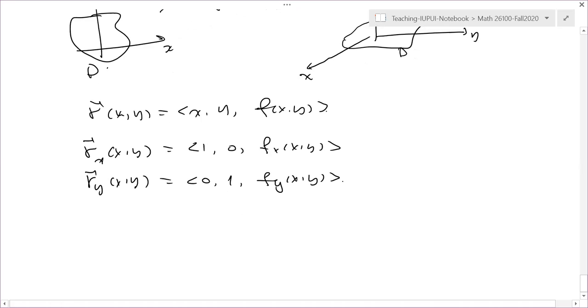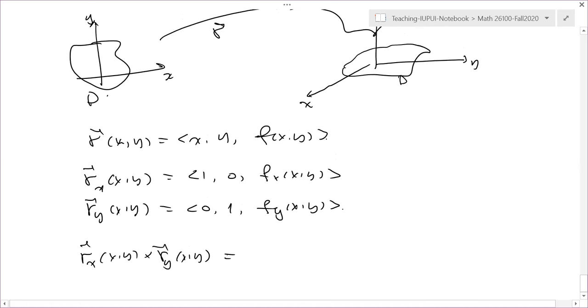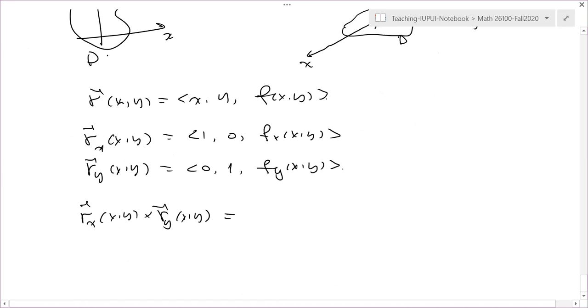So let's find the cross product, which gives you the normal vector. This is vector r_x and this is vector r_y, and the cross product gives the normal vector.